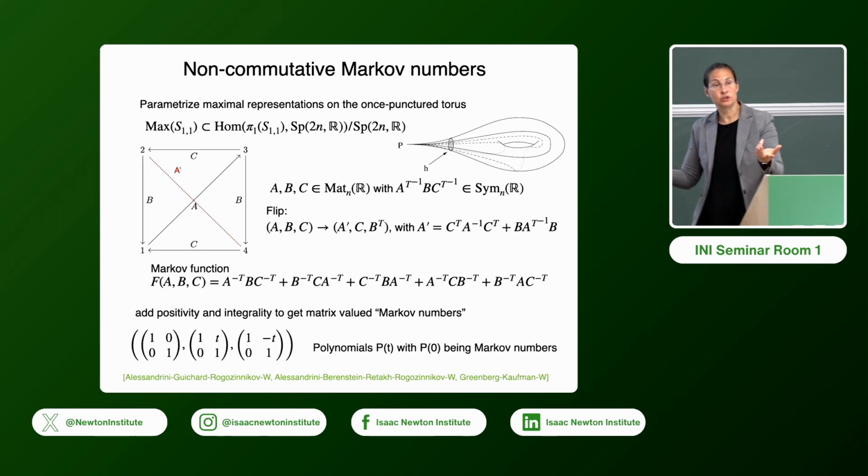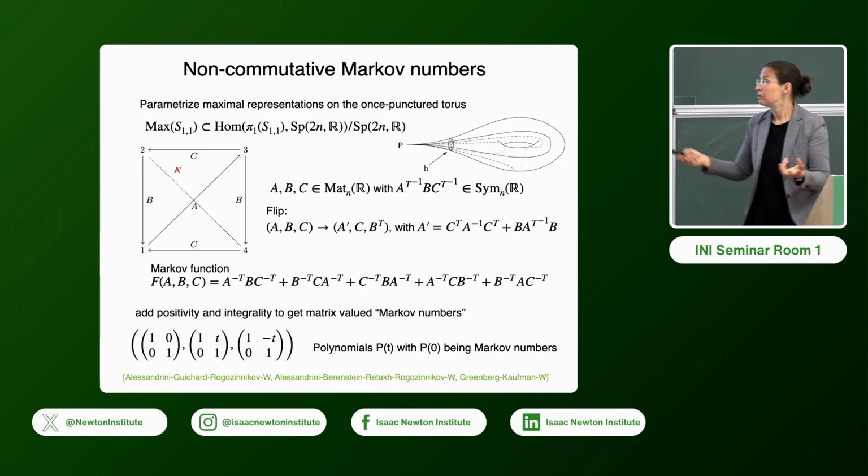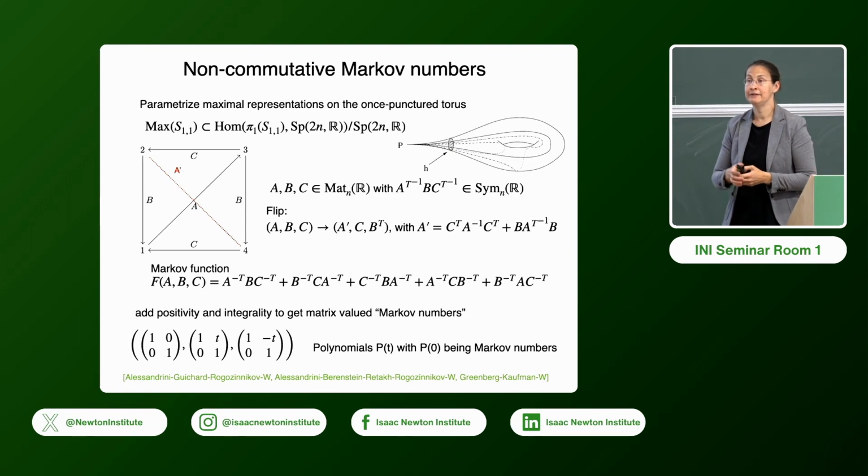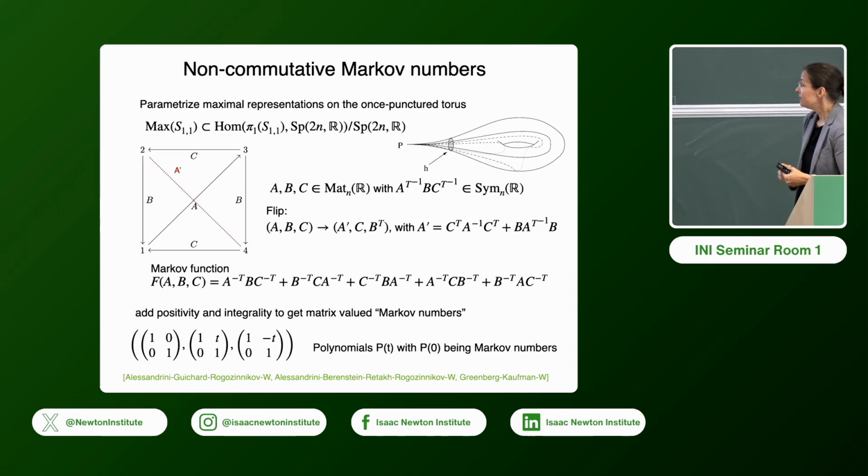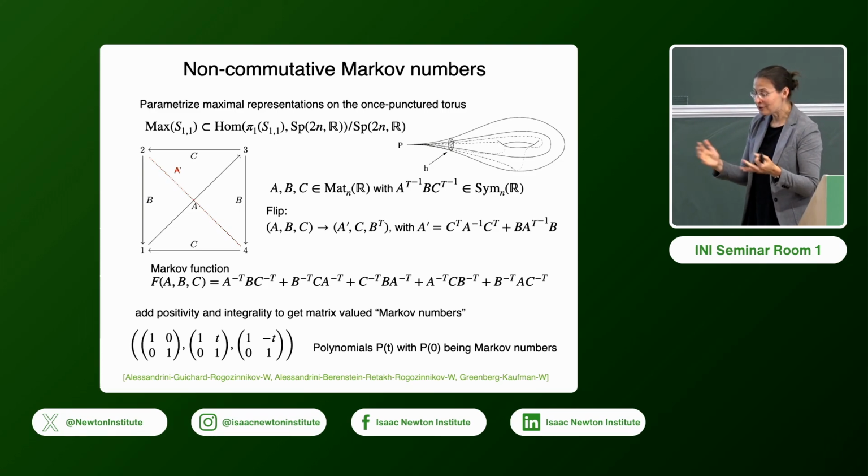Start with a special solution where you can compute this invariant F and apply all these moves. Similar to the Markov situation where we started with 1, 1, 1, integers, and things where this product is positive, you might want to add some positivity or integrality condition. And you can start playing with it.